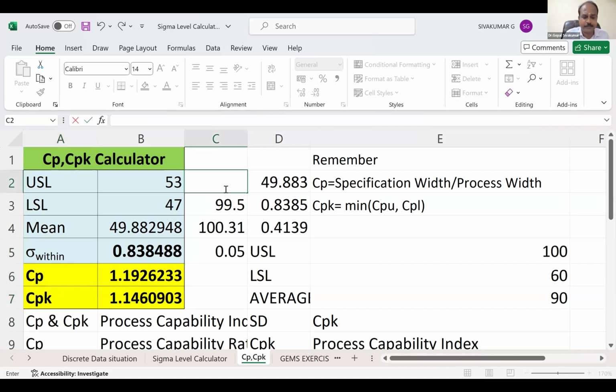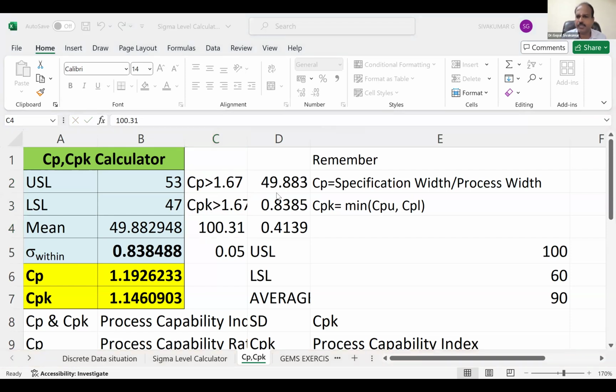The CP should be more than 1.67. Your CPK should also be more than 1.67. This is industry standard. Both your CP and CPK should be more than 1.67. Suppose if your process is not so much critical, then 1.33 is also okay.